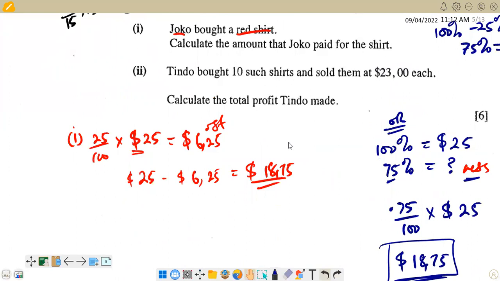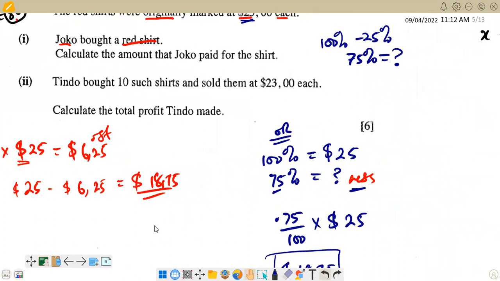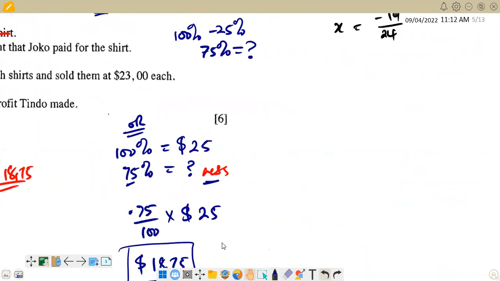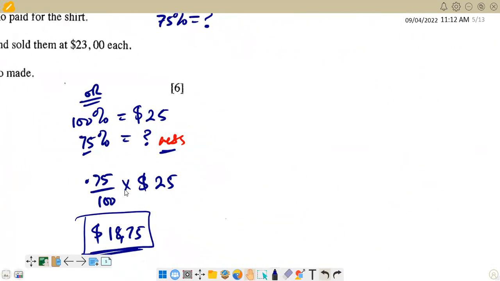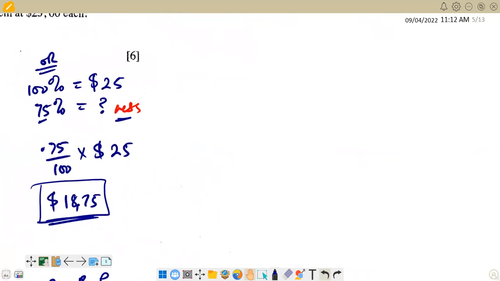If it was profit of one share, you work with one share to say originally the share was costing this, then you work with that. Or what we can do is still we can do this way. This was not the only way we could have done this, since we know that this shirt now is costing $18.75, which is one shirt that we have got here. We can work from that one shirt to say one shirt actually was bought at $18.75.